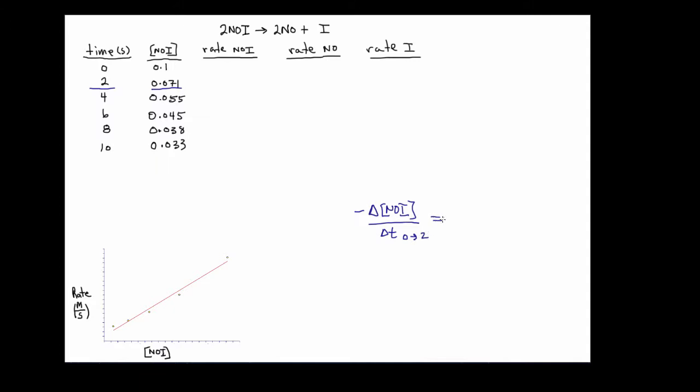And then this is going to equal, now remember what we're finding here is the slope of a line. So if I went up here and just freehand a quick graph, where we have time on the horizontal axis, and concentration of NOI here on the vertical axis, we would be looking at a curvature that would have this appearance.